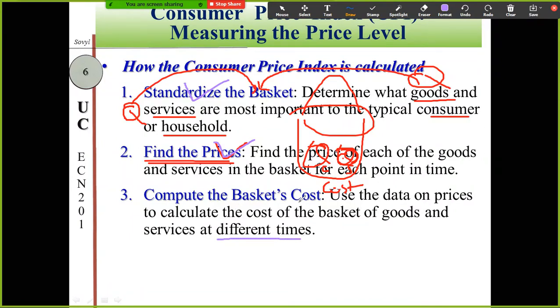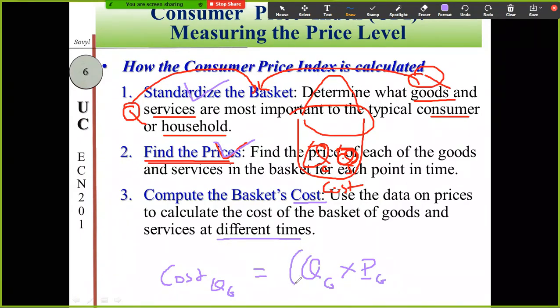How to compute the cost? The cost of goods equals the quantity that you buy of that good multiplied by the market price of that good. If you buy many goods, you need to find the cost for each good and then add them together.